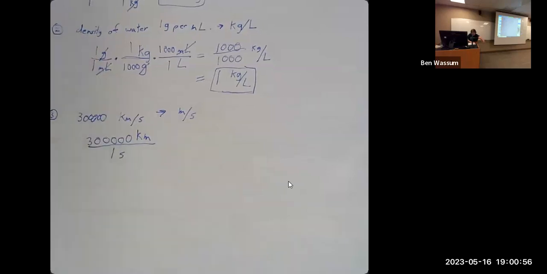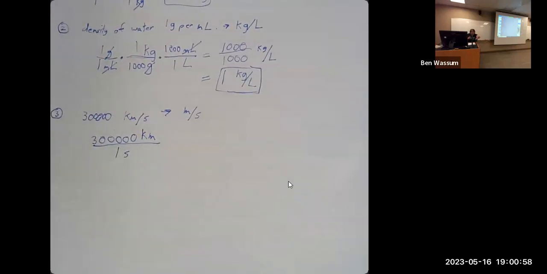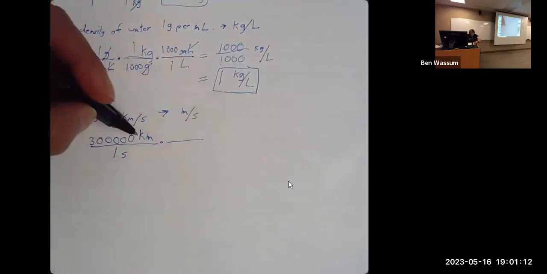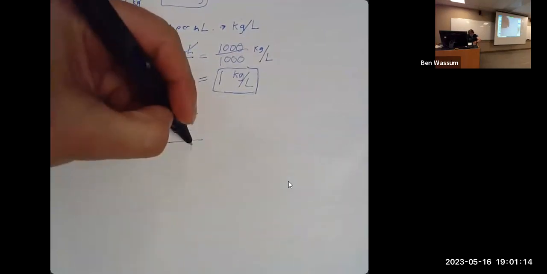This isn't going to be as hard as the last one because we're going from kilometers per second to meters per second. They're both over seconds. So we don't have to worry about this unit. We just have to worry about that one. So all we need to do is convert from kilometers to meters.